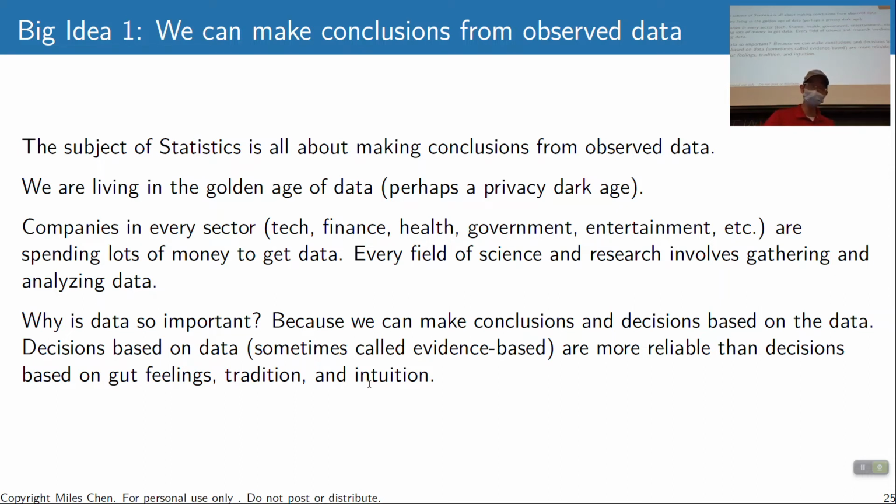The flip side of that is if we're in the golden age of data, maybe we're also entering a dark age for privacy, where we carry around these computers in our pocket that are generating a ton of data, but are also being tracked by every website you go to. It puts cookies and things on your phone, and your location data is being tracked, and all of that is in there.